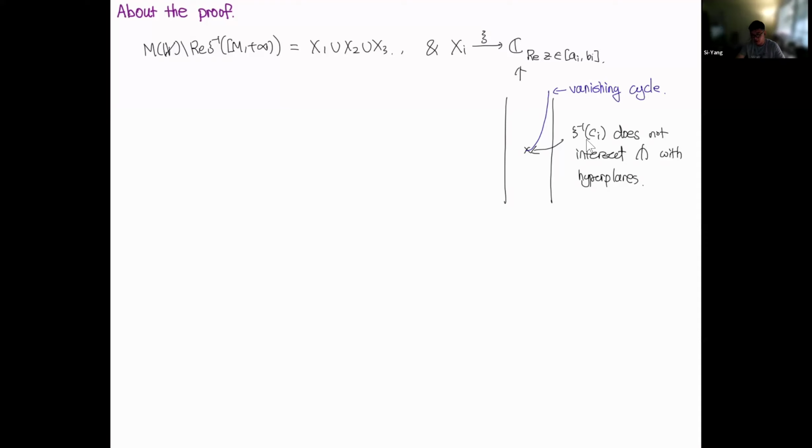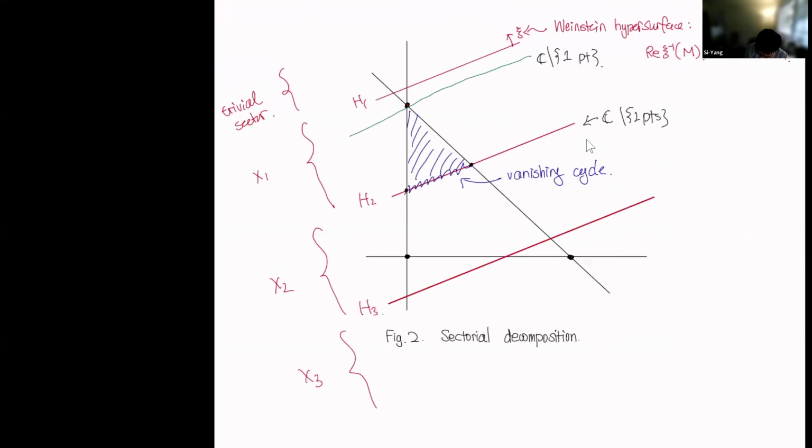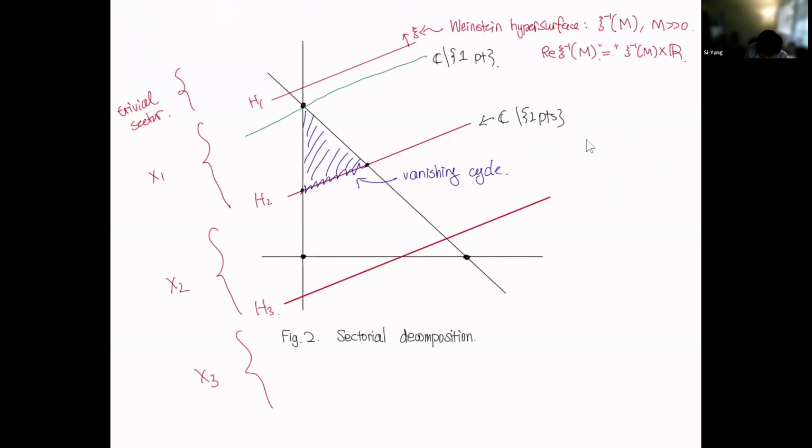And now we glue all of this. We glue back x1, x2, and x3. And when we glue back, for each crossing point, I get a symbol.